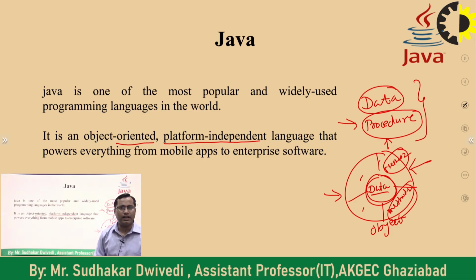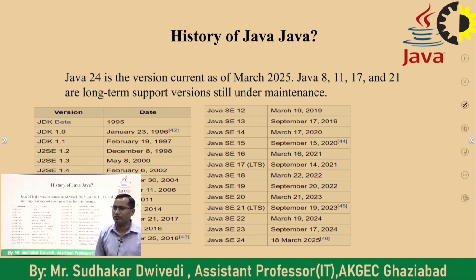This platform independence comes in this language because of some features in Java. Java produces a code after compilation that is known as bytecode, and bytecode is not machine-dependent code. That means this bytecode can be executed on any type of machine. It does not depend on any type of platform, so we can create a variety of programs using the Java programming language.